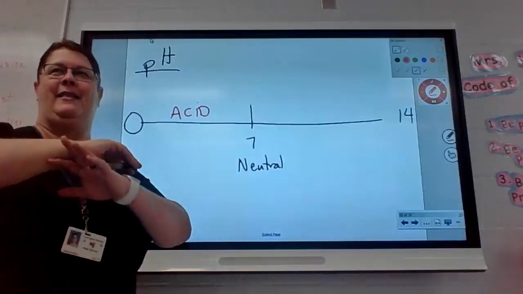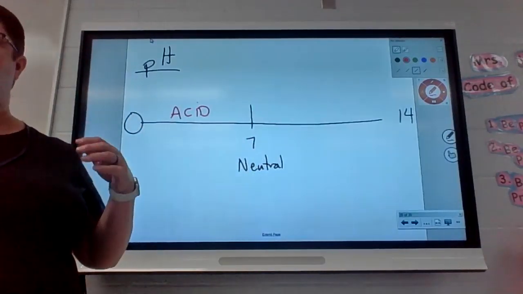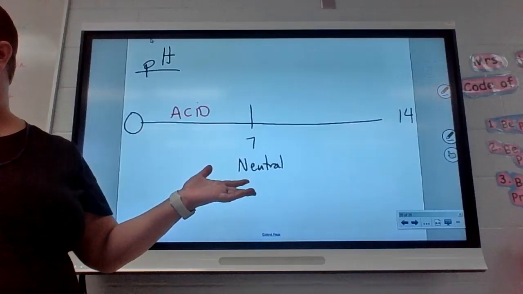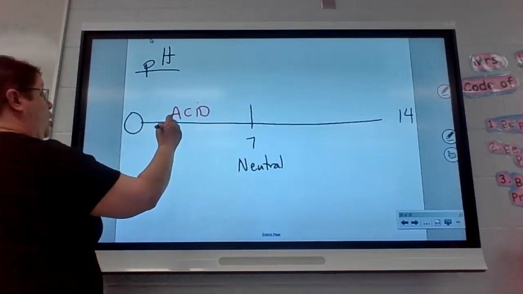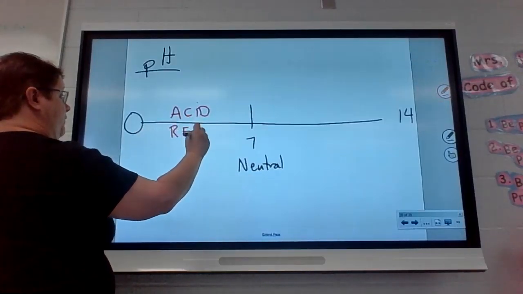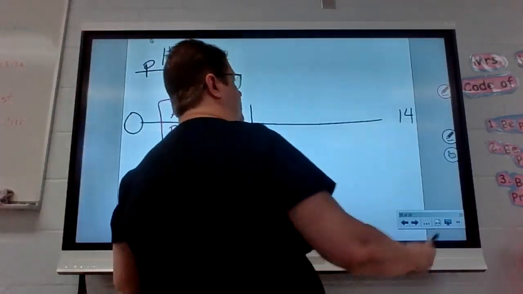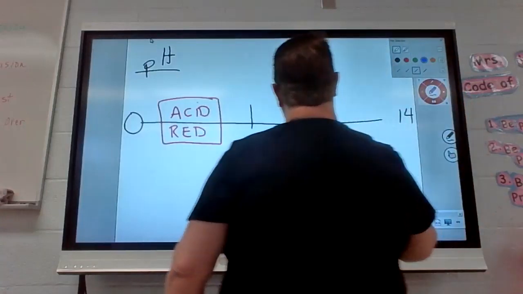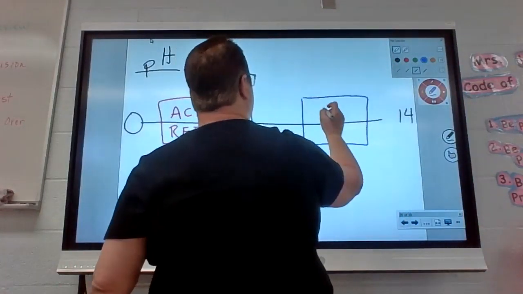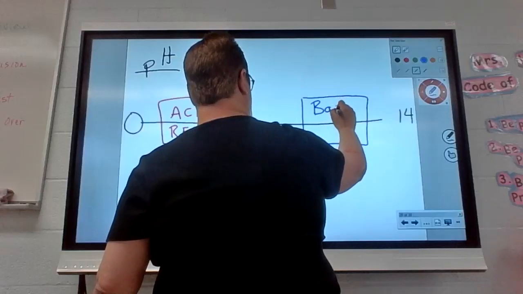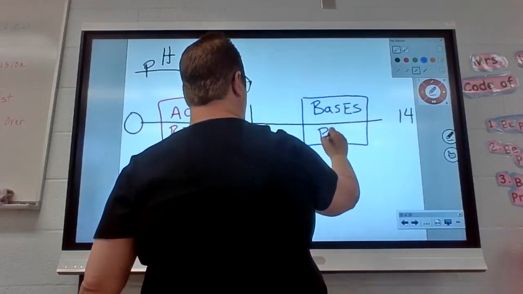This is the part that we need to make sure you know. If they talk to you about colors, litmus paper, pH paper, acids are red. If they talk to you about bases, blue. Bases are blue.